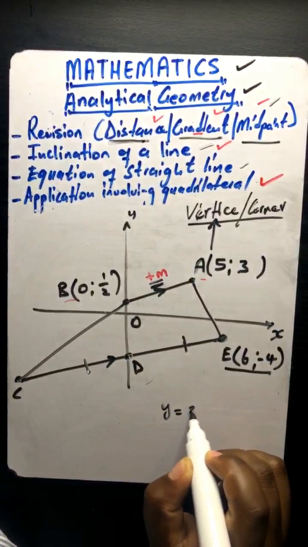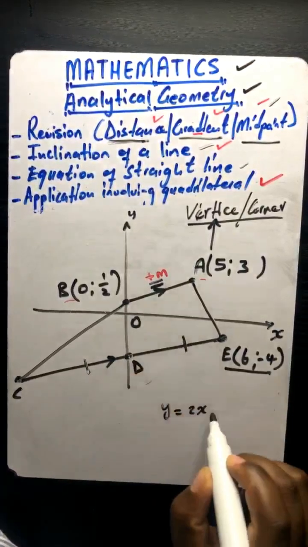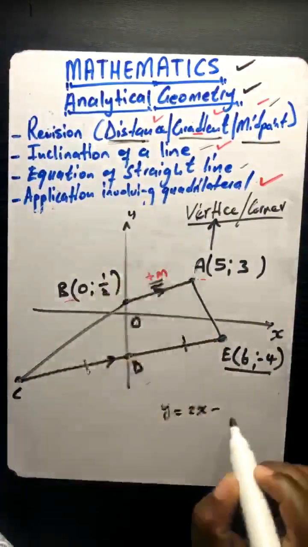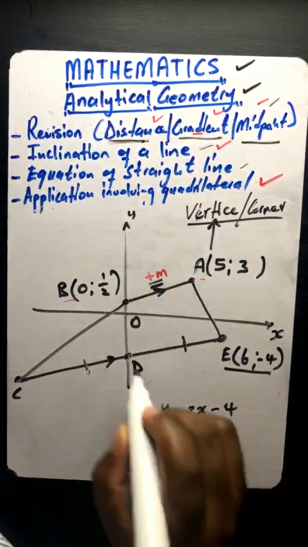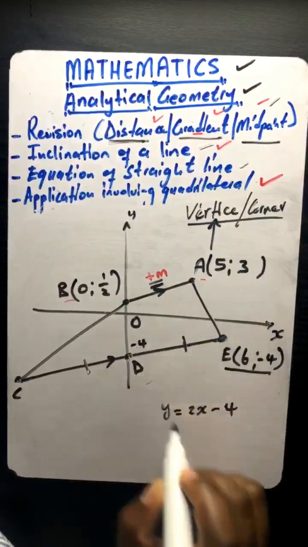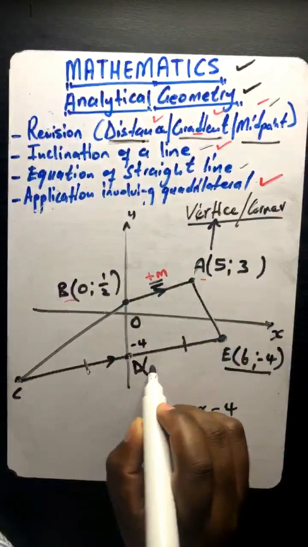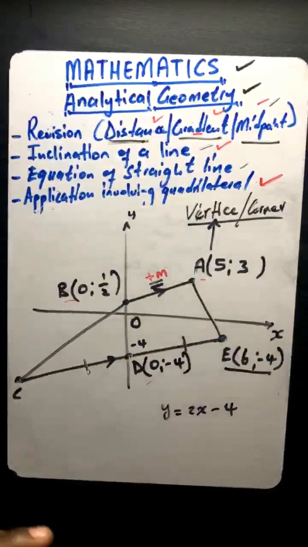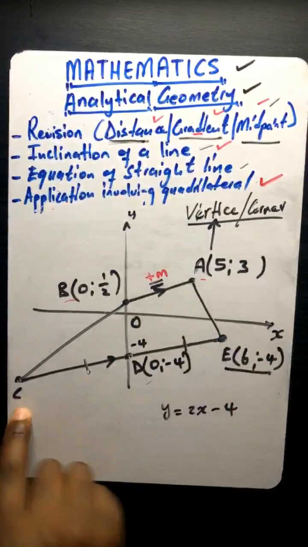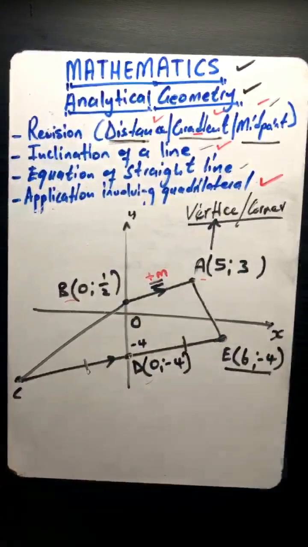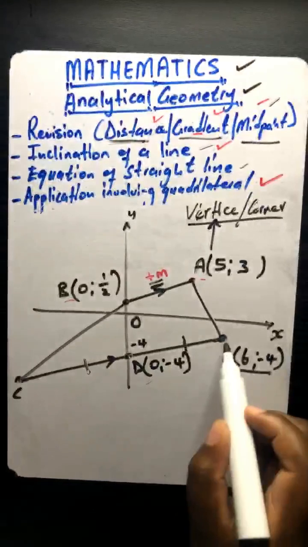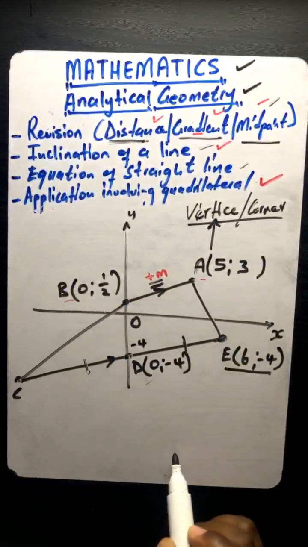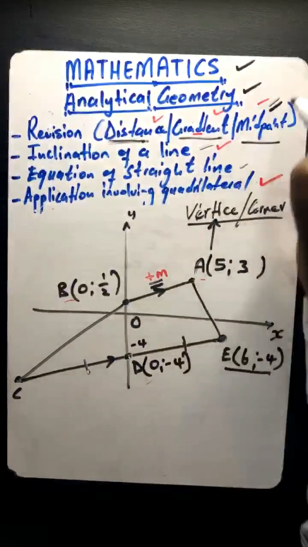Let's say, for example, the gradient was 2x, and then this one is going to be negative because it has shifted downwards by whatever units, let's say 4. So that means if you know that this is negative 4, here you actually have (0; -4), and they want you to determine the coordinates of C. And most importantly, they said from here to here is equal to there to there, meaning this is a midpoint. So you might need to use the midpoint formula.